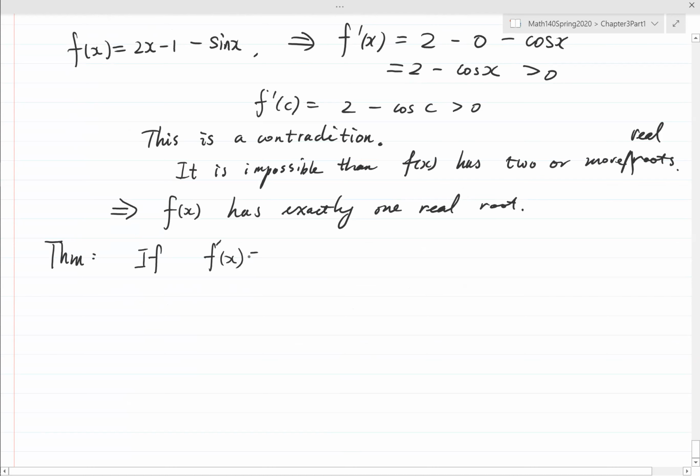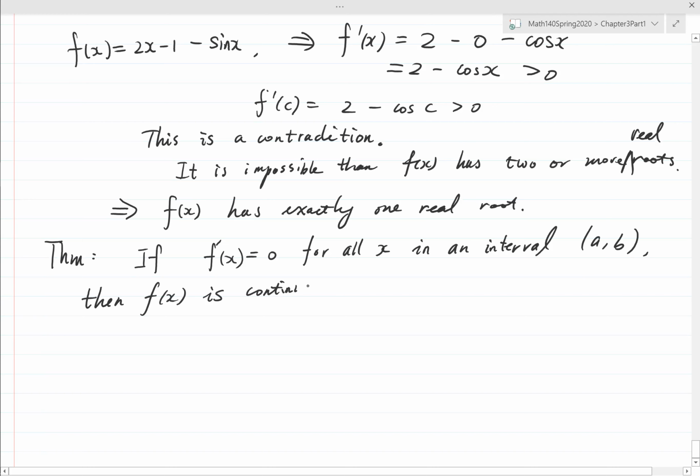So if f derivative vanishes for x in an interval a to b, and f(x) is continuous on a to b, then f is constant on a to b.